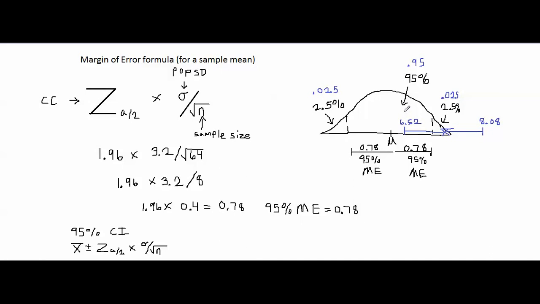And since the confidence interval does work 95% of the time, each time I create an interval, I can say I'm 95% confident that the interval did actually capture the population mean.